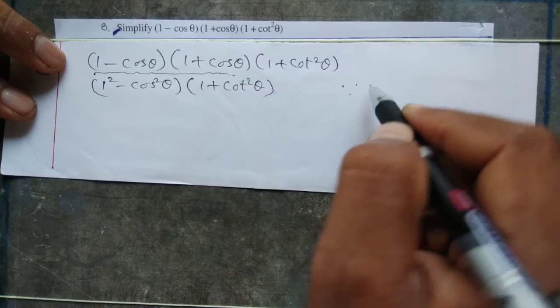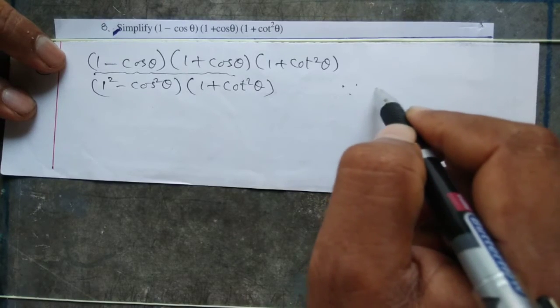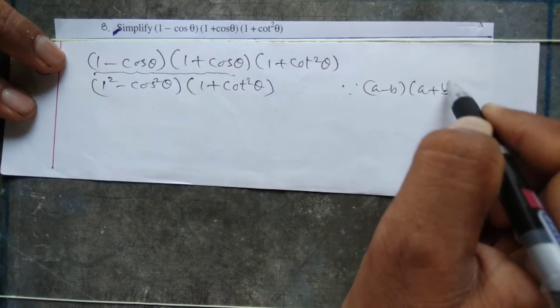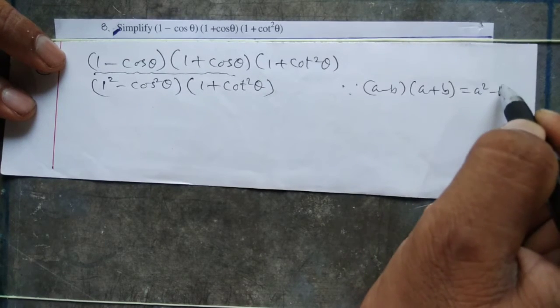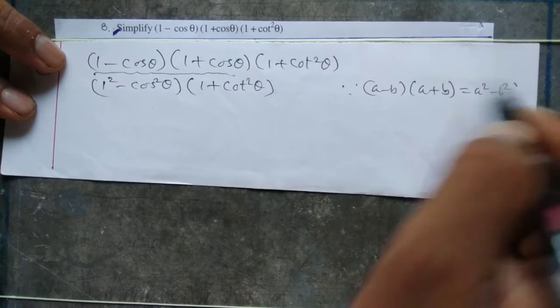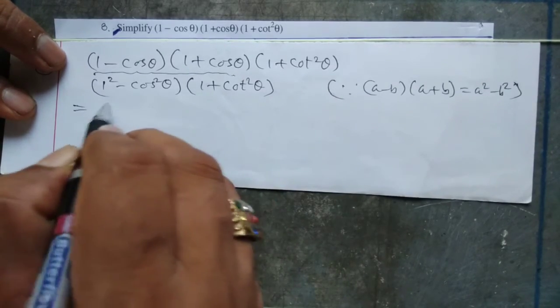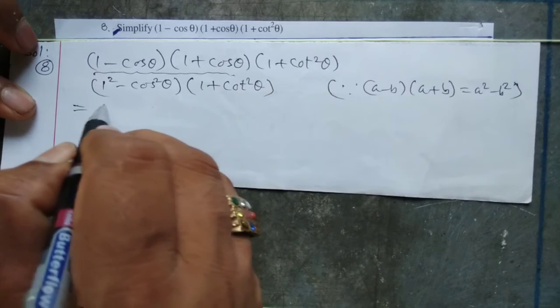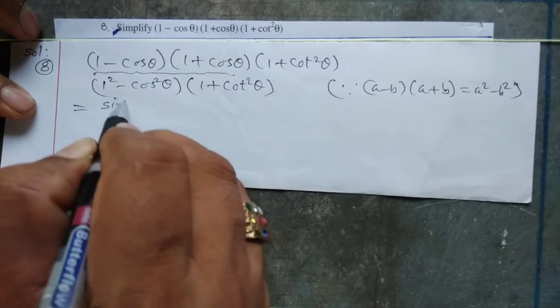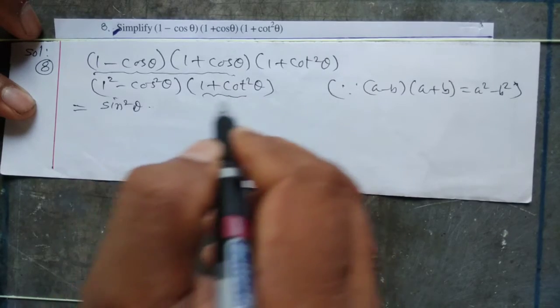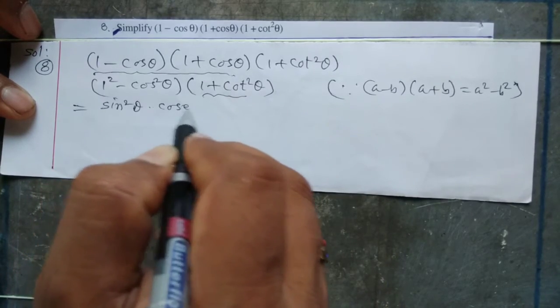Here we used A minus B into A plus B is equal to A square minus B square. So 1 minus cos square theta is equal to sin square theta. 1 plus cot square theta is equal to cosec square theta.